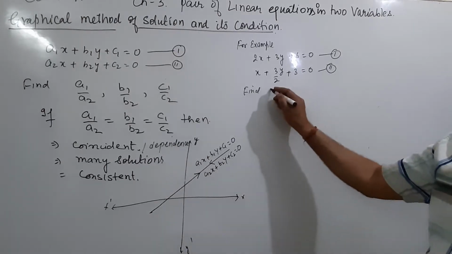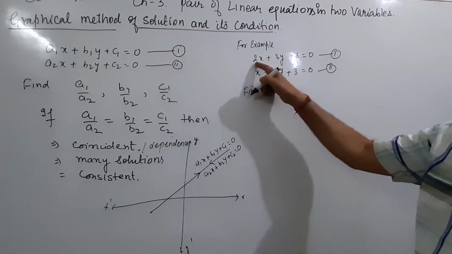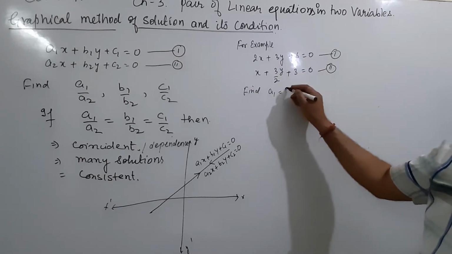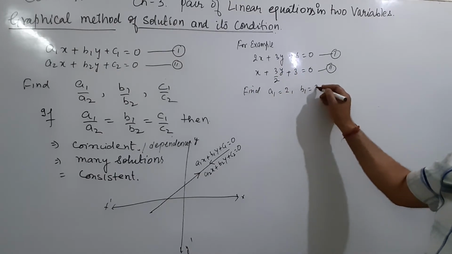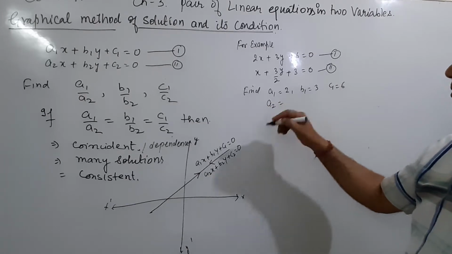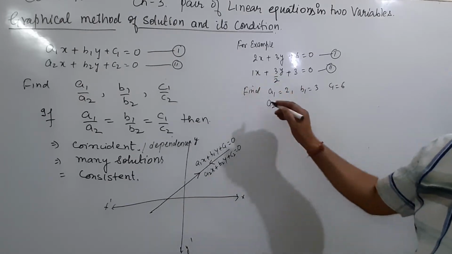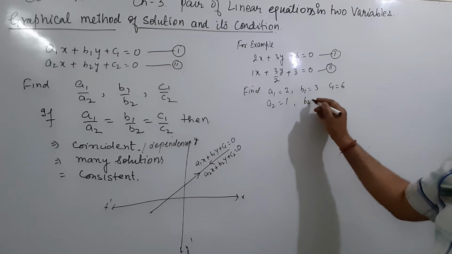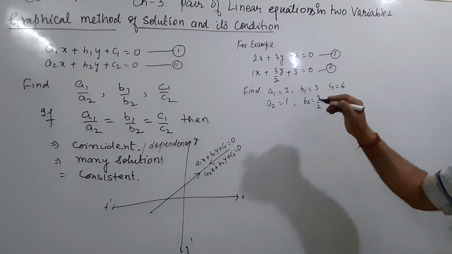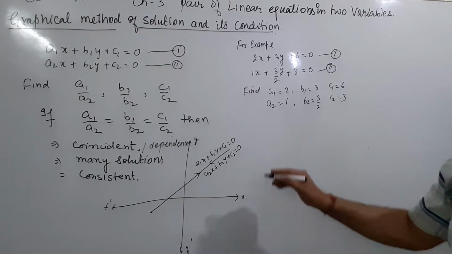Now first we find a1, this is for the first question. a1, b1, c1: a1 is 2, b1 is equal to 3, c1 is equal to 6. a2 is equal to 1, b2 is equal to 3 by 2, and c2 is equal to 3. What we have to find out?